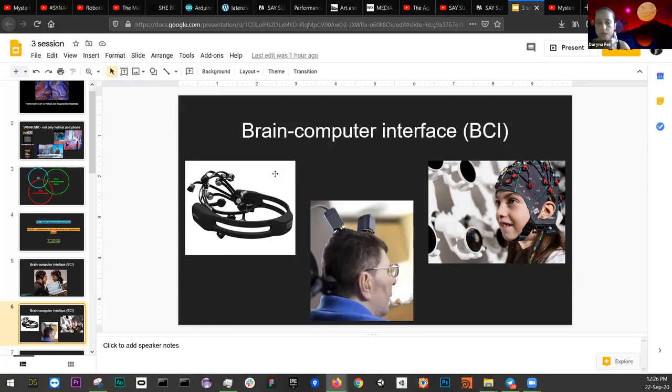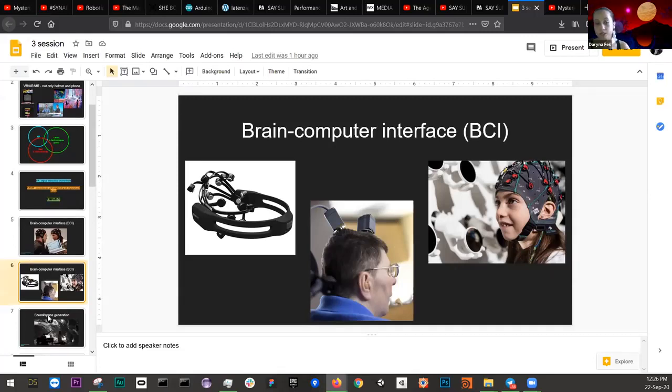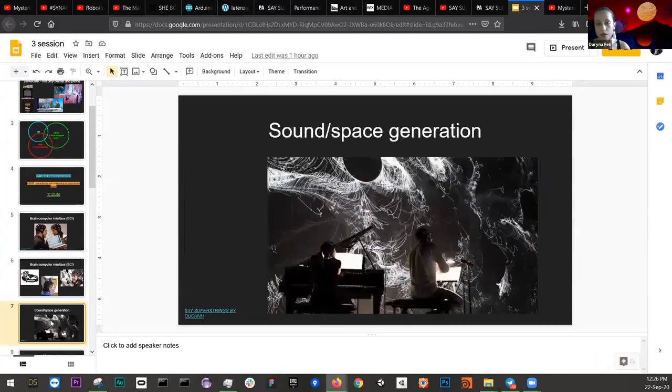They are not very expensive, but of course the accuracy and the data are not so great. Even these devices can be used for artistic purposes, or you can work with more complex brain-computer interfaces to work with actual complex data.